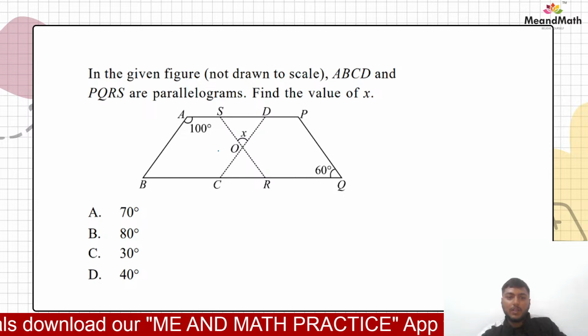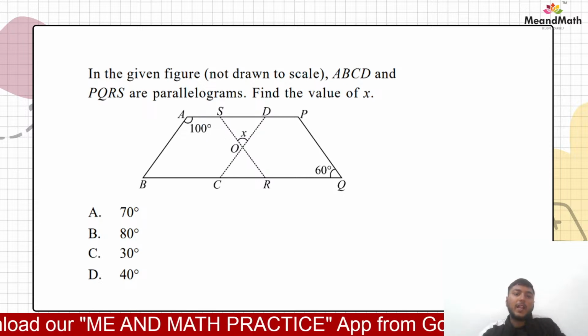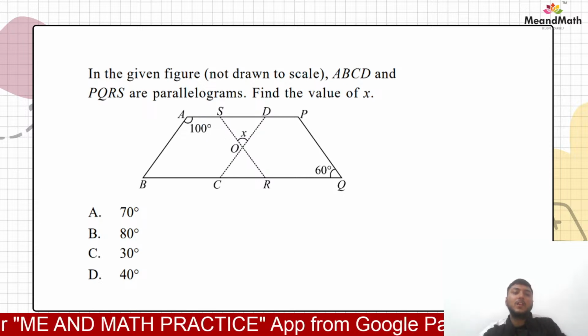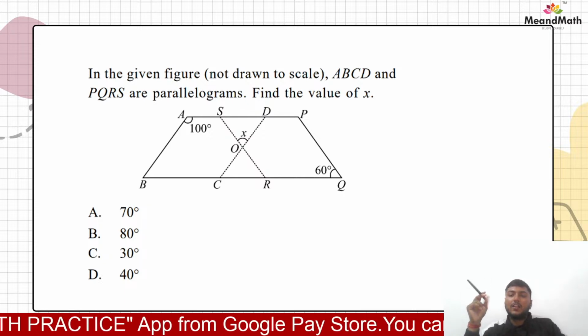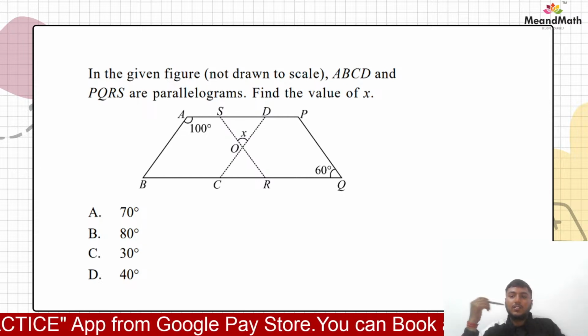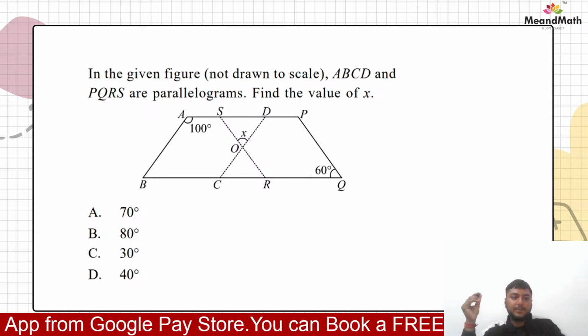Is there anybody who can answer this question? We have to find the value of angle x. We are given angle A is equal to 100 degrees and angle Q is 60 degrees. So anybody who can answer this?